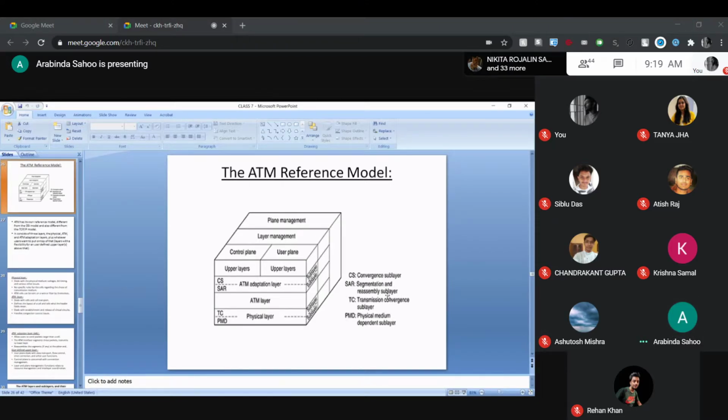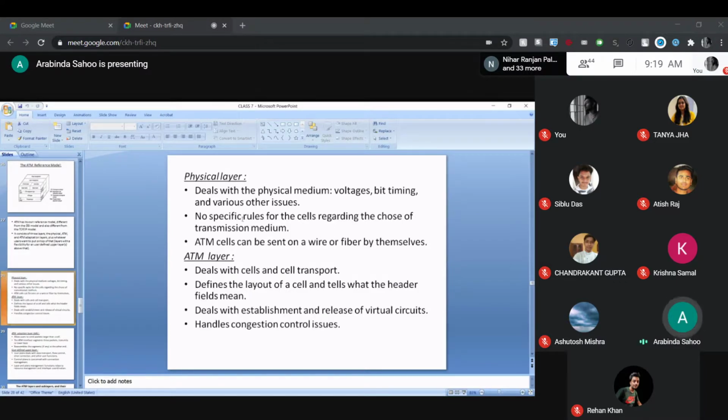Okay, so if we consider this physical layer, write down this, it is important. This physical layer, number one, deals with the physical medium, voltages, bit timing, and various other issues.